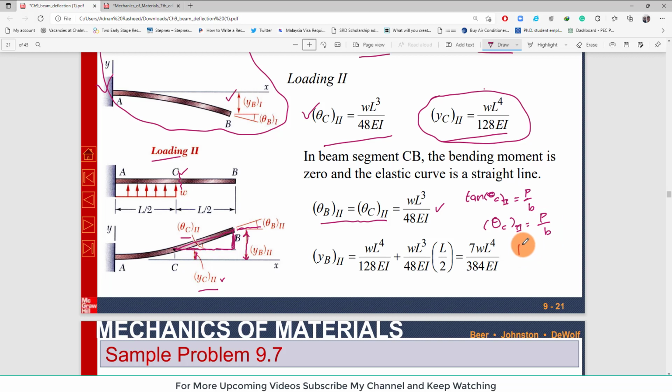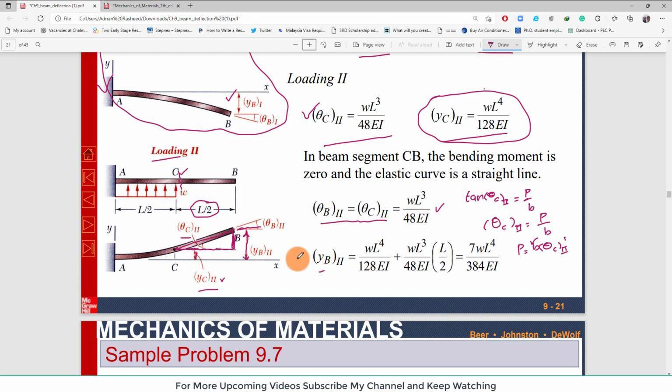So the perpendicular will be equal to base into theta C due to loading 2. Now you can see this base is L by 2, which is mentioned over here, and theta C is WL cube over 48 EI.